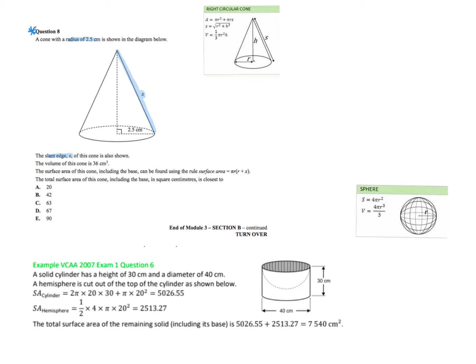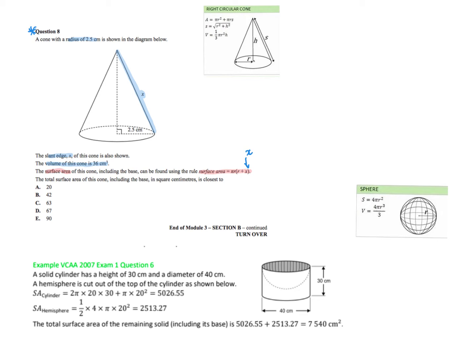And they've said the whole thing has a volume of 36 centimeters cubed. Now, they said the surface area of this cone can be found using this rule. So you can see here we have x is in the rule. So to find the total surface area of this cone, we're going to have to find x first, okay? Because we don't have that.